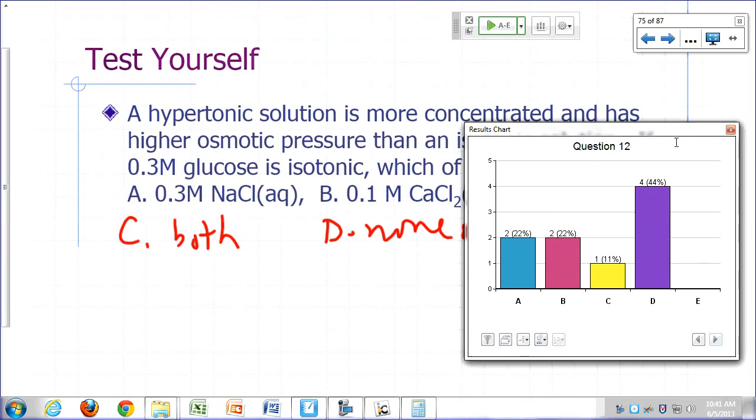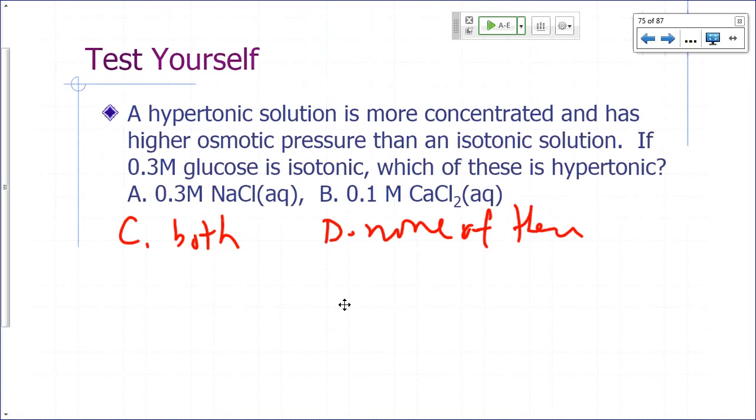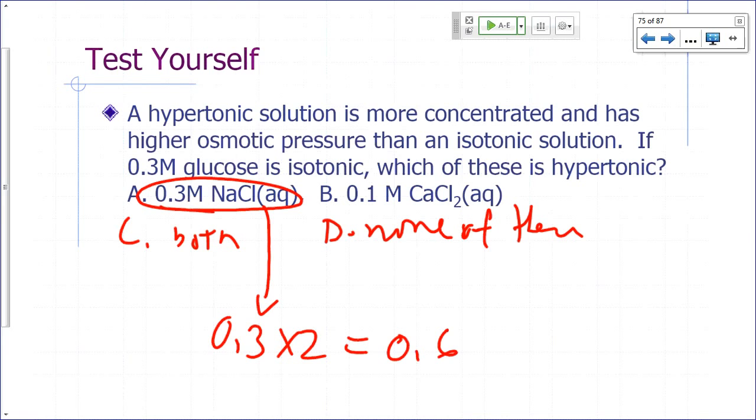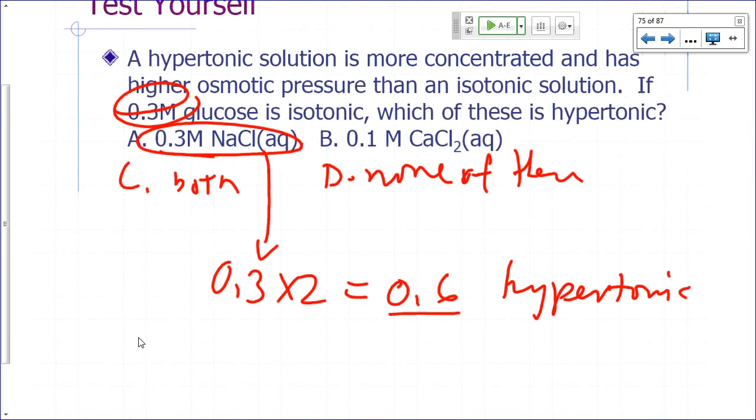Okay, looks like I just tricked you. What's the total molarity for 0.3 molar NaCl? I have to multiply that by 2, right? So that's higher than 0.3 molar glucose. So that's hypertonic. Okay, what about choice B? 0.1 times what do I multiply to get the total molarity?